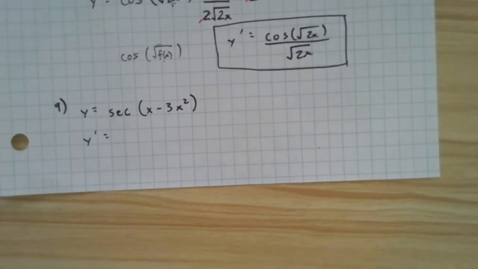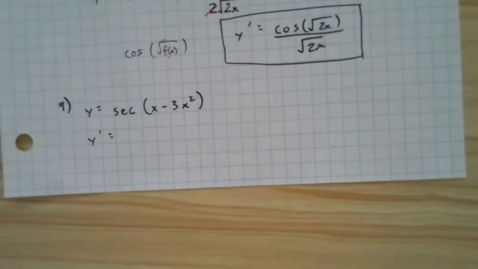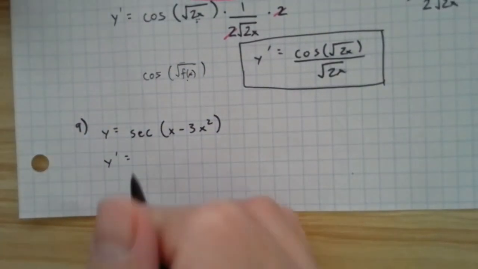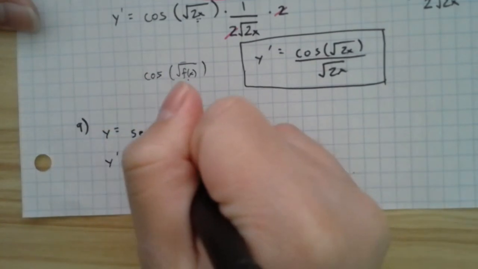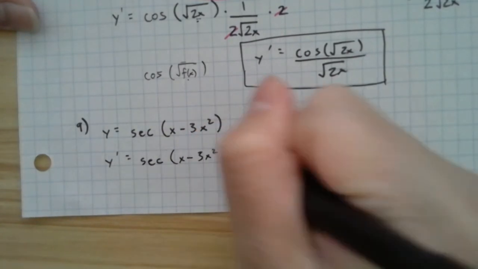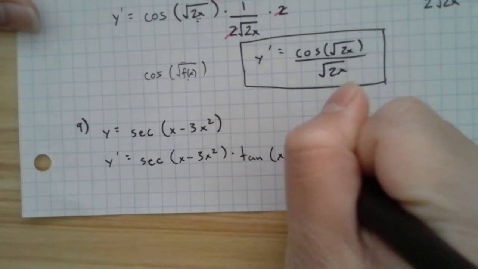Okay, cool. So then y prime would be, oops, camera okay? Yes, it is. It would be secant of x minus 3x squared times tangent of x minus 3x squared.